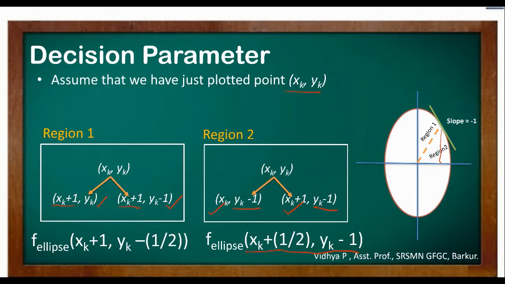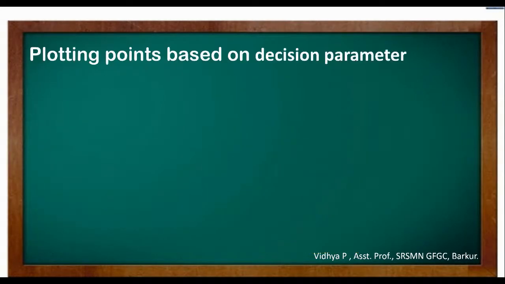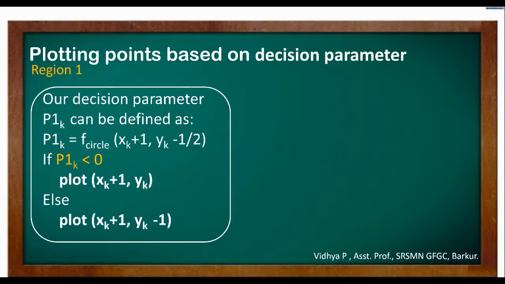This is the concept of region 1 and region 2. So we have to plot the points based on these decision parameters. Here, if P1k, the decision parameter for region 1, is less than 0, we plot xk plus 1 comma yk, else we plot xk plus 1 comma yk minus 1.